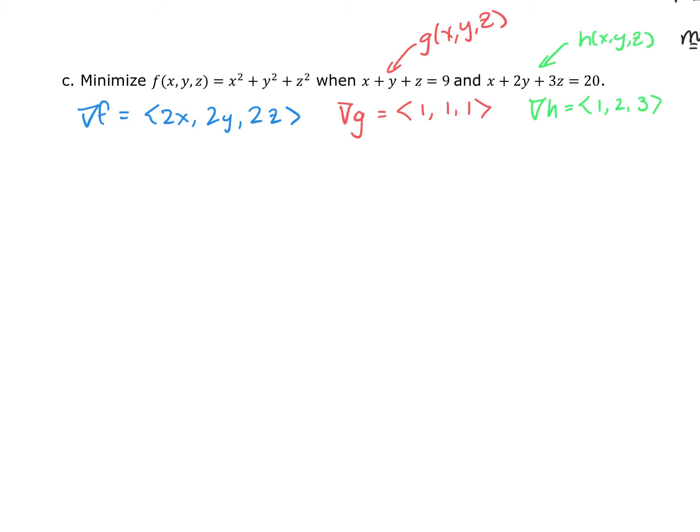Starting with my first equation, we have 2x naught is equal to lambda sub 1 times 1 plus lambda sub 2 times 1. My second equation is 2y naught is equal to lambda sub 1 times 1 plus lambda sub 2 times 2.